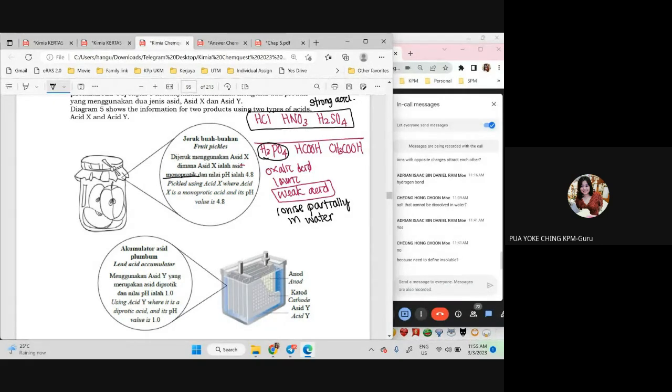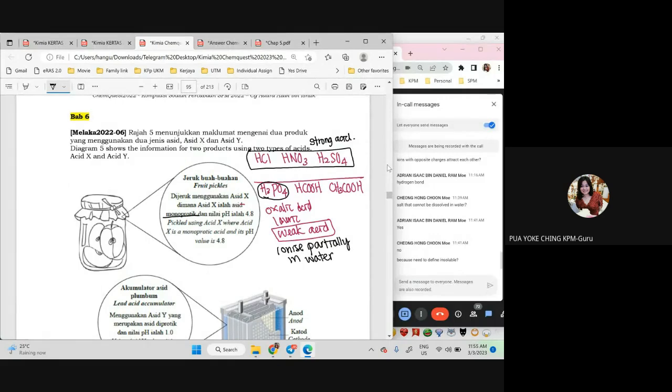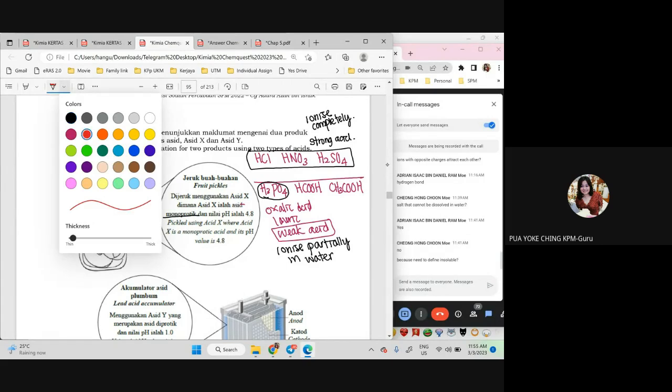Tapi HCl, HNO3, H2SO4, ini semua ionized completely in water. Dan apabila dia strong acid, dia ionize completely.